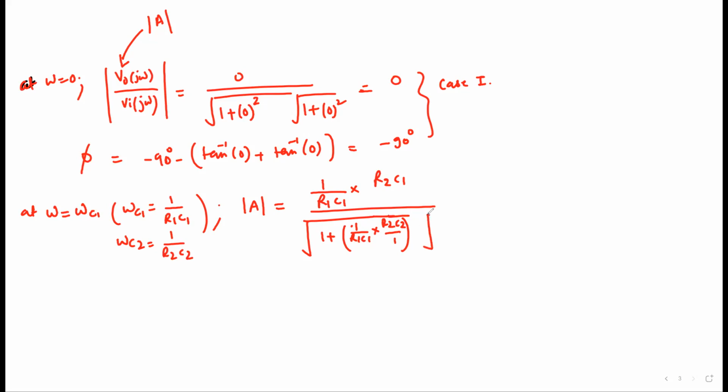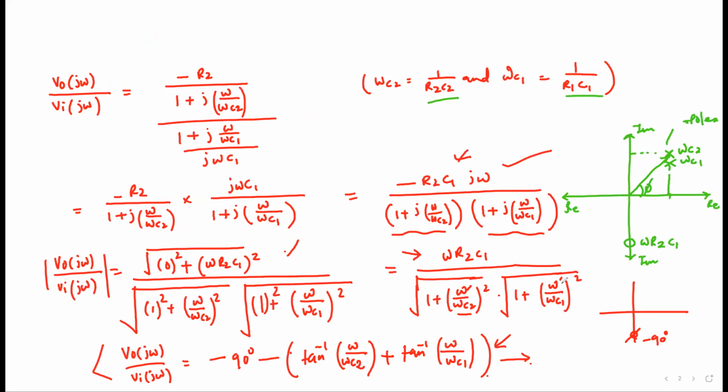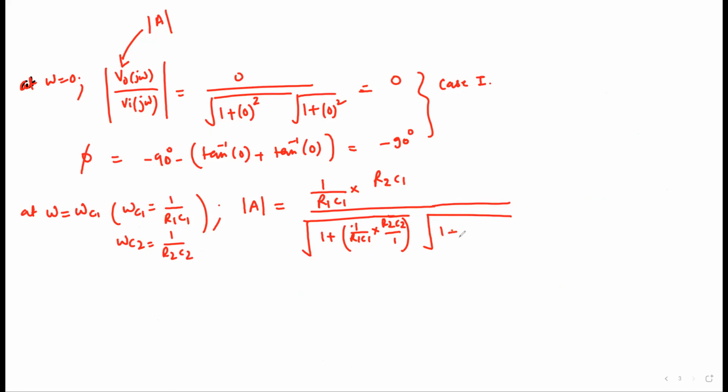And we see that this bracket closes, and this is another bracket. This is omega over omega C1. So now 1 plus 1 by R1 C1 times R1 C1. This is how it goes. So these two terms get cancelled, and C1 gets cancelled in the numerator. So we have R2 over R1 divided by square root of 1 plus R2 C2 divided by R1 C1.